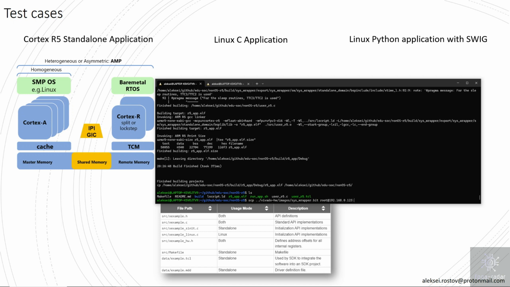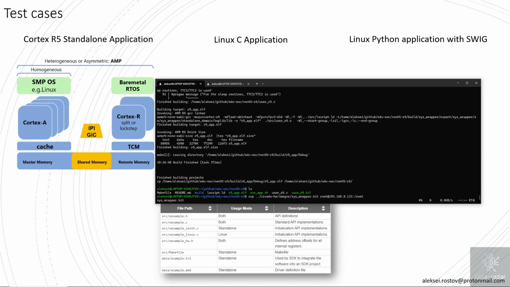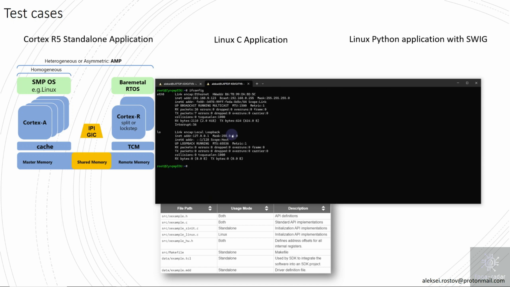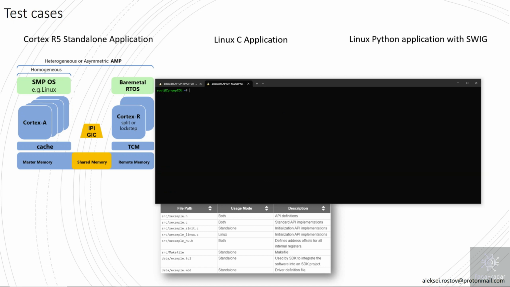I will copy this directly into the root directory. Okay, let's check. It's here. Then I will call the FPGA configuration manager in order to program the bitstream file. Okay, successfully loaded.